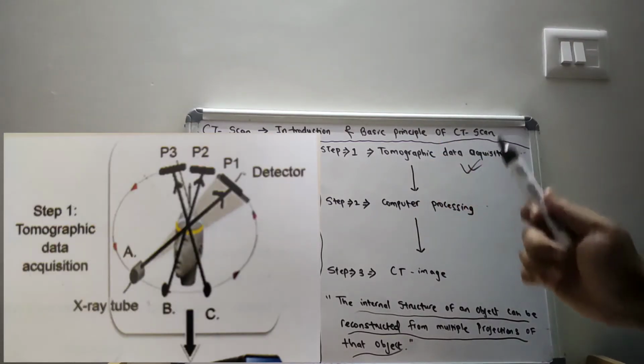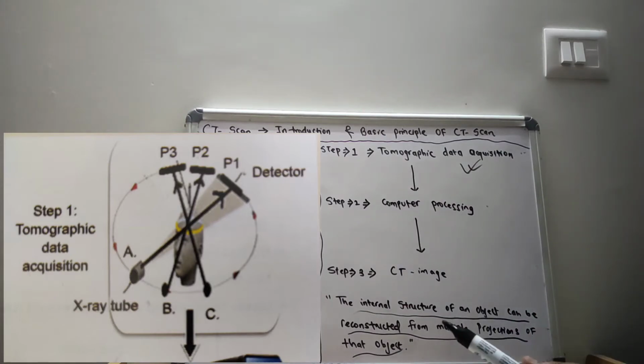You can see in this picture an X-ray tube at position A emits a beam that goes through the slice of the patient's brain. An image is acquired on the detector located diametrically opposite to point A. This image is the projection P1.